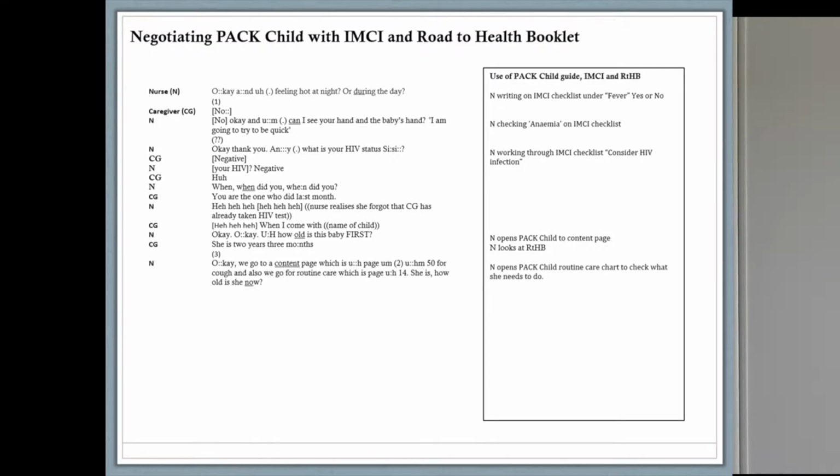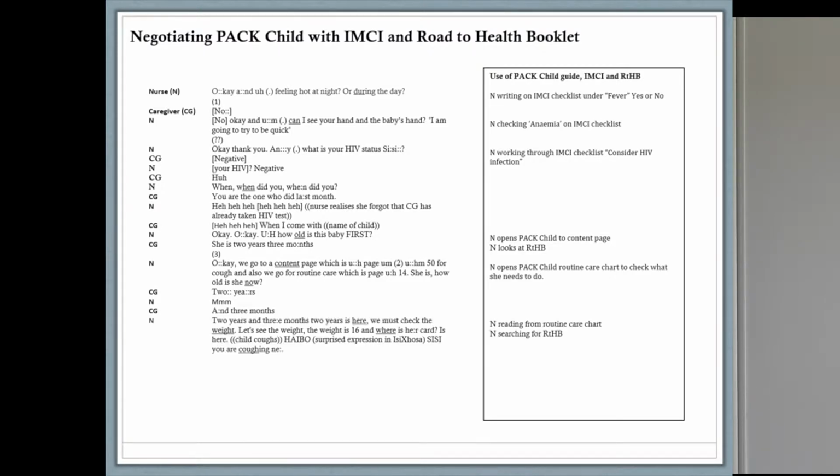Okay. We go to a content page, which is page 50 for cough, and also we go for routine care, which is page 14. How old is she now? 2 years and 3 months. 2 years and 3 months. 2 years is here. We must check the weight. Let's get the weight. Weight is 16. Check the weight. You see you're coughing, ne? 16 point. Let's plot the weight. 16.6.